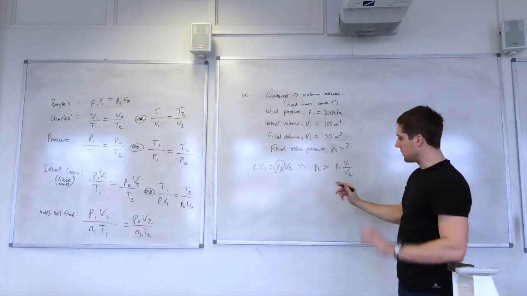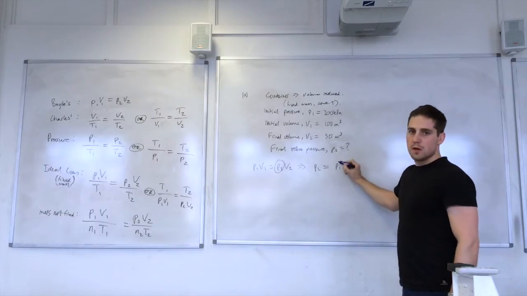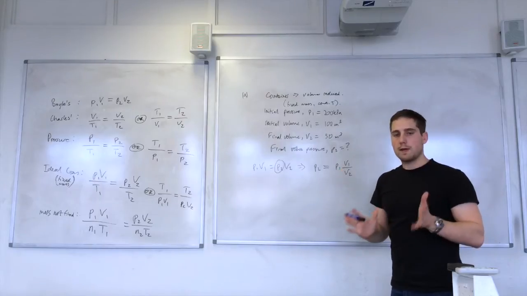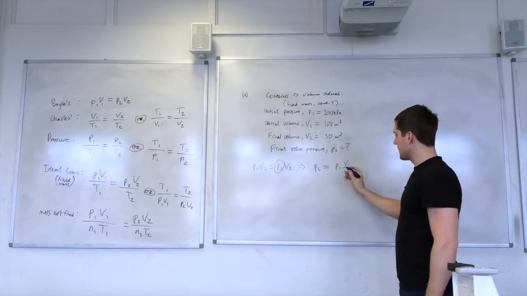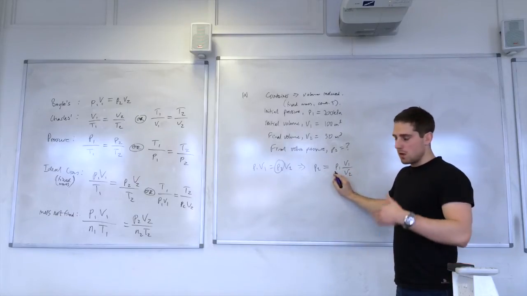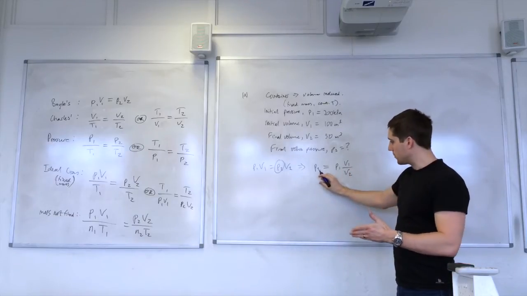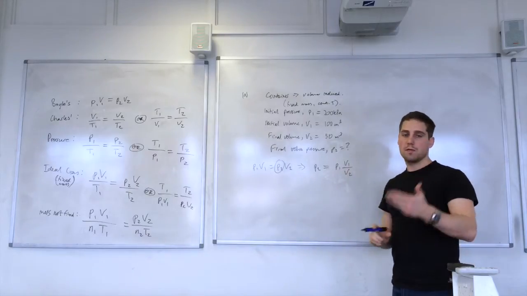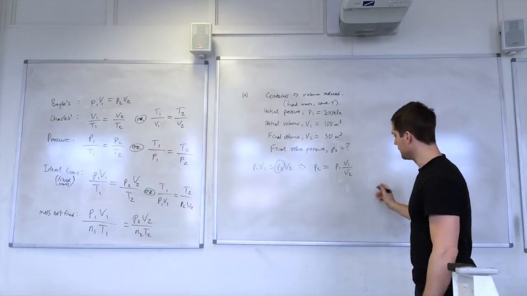You'll see the way I've written it indicates that I have a pressure multiplied by a ratio of volumes. If you rearrange a gas law correctly, you'll always get the quantity you want to find is equal to the same quantity, so I want to find a pressure, so it's equal to another pressure multiplied by a ratio of the other quantity, in this case volume.